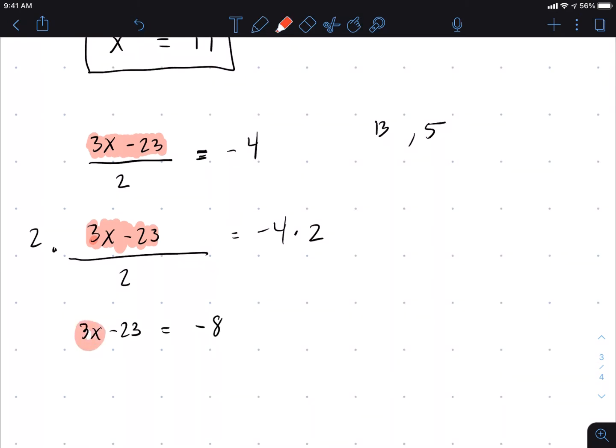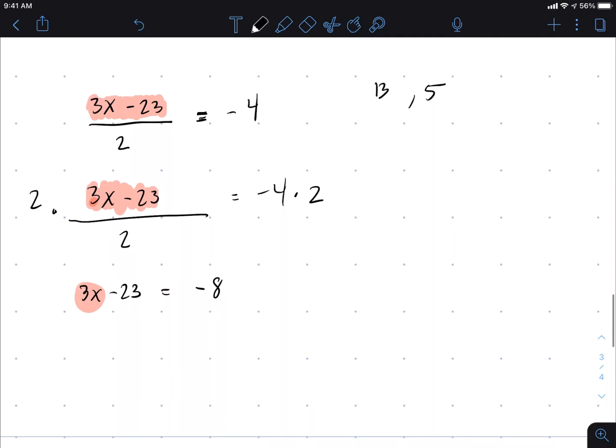Again, this is what I want to get alone. So since it's subtracting 23, I'm going to need to add 23. That looks like 15.